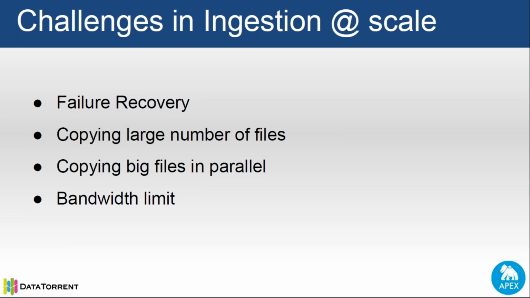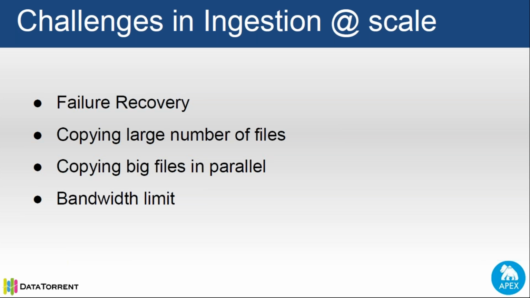When we take this ingestion problem at scale, the typical challenges are, first, failure recovery. Let's say you want to copy 1 terabyte of data, and after copying 100 GB, the job failed. We don't want to start all over again, right? We want to start from where we left off.